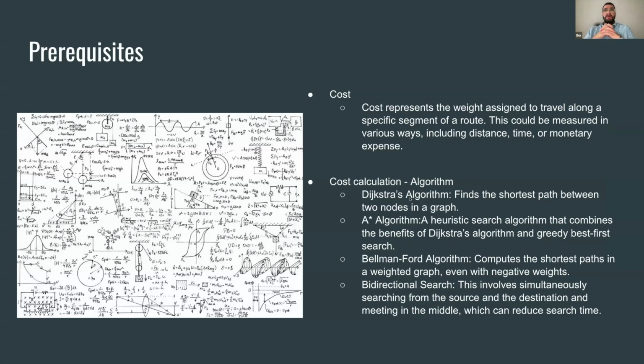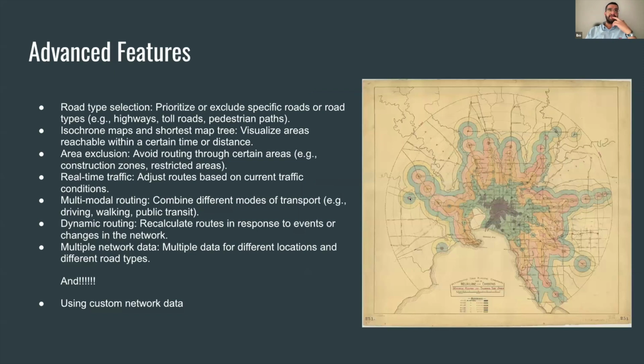One of them is Dijkstra, I don't know the pronunciation, and the A-star algorithm, and Bellman-Ford, and also bidirectional search. It works from multiple sides. I will not dive so much into these algorithms because pgRouting and routing engines are just using them.